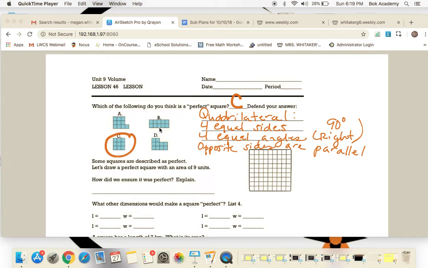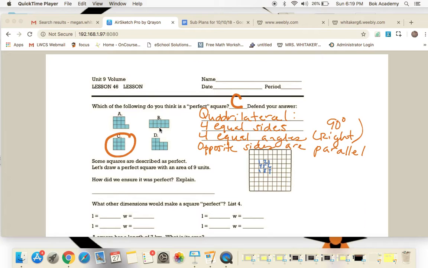Some squares are described as perfect. Let's draw a perfect square with an area of 9 units. So the whole shape should include 9 squares. I'm going to use blue, and we will count to make sure we have 9. 1, 2, 3, 4, 5, 6, 7, 8, 9.